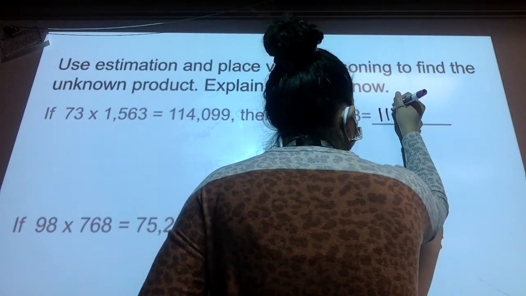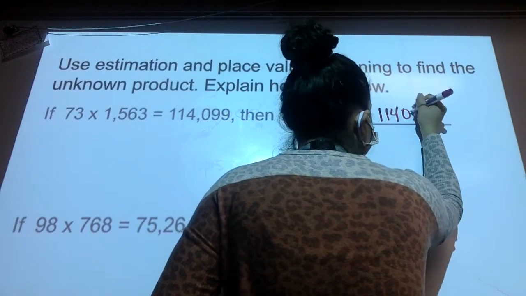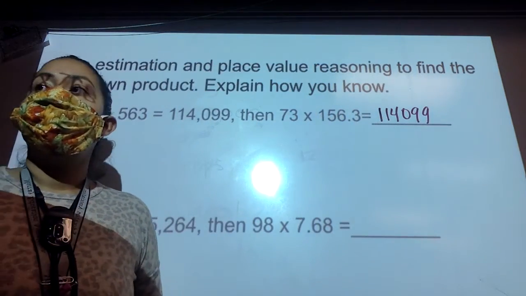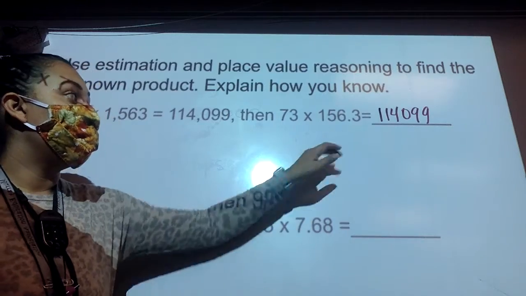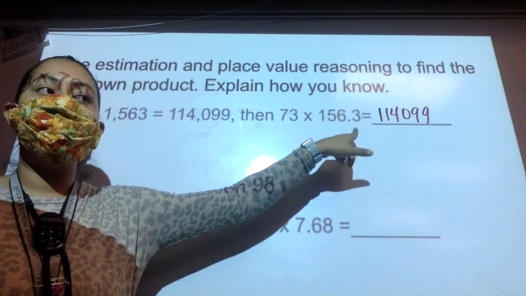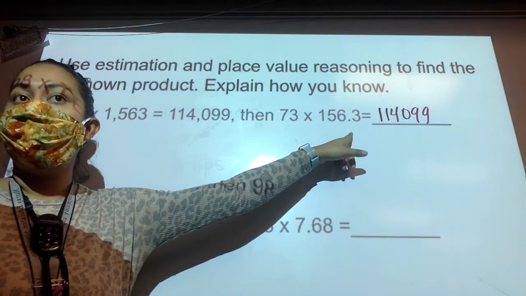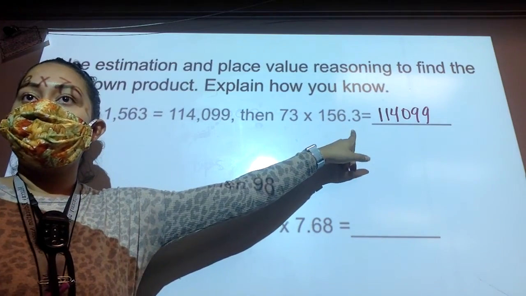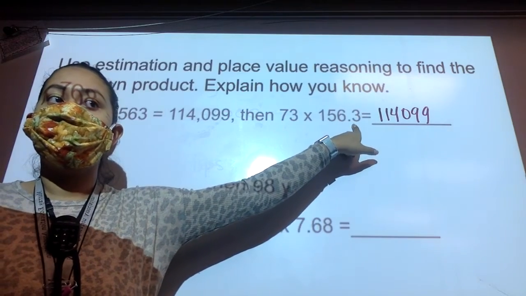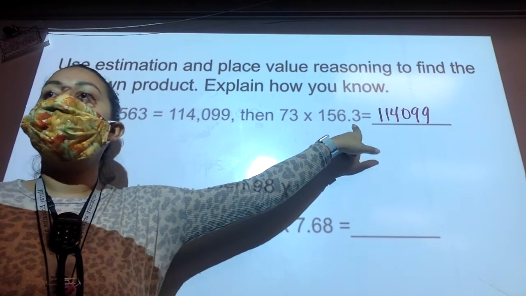114,099. Don't put in your commas yet. Okay, so this factor has the 3 in what place value? The tenths.